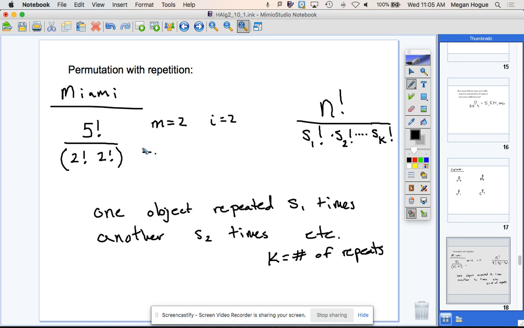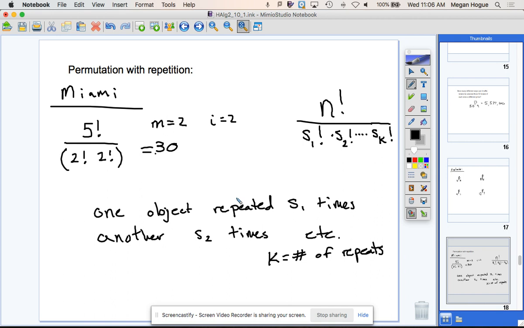I thought you said 130 at first. You should get 30. I did not. Did you put the bottom in parentheses? Okay. Is anyone not getting 30?